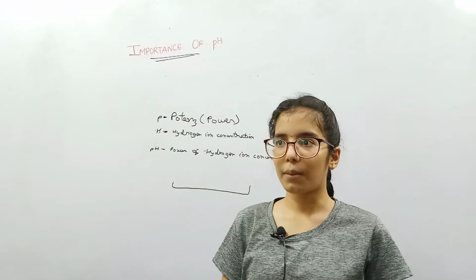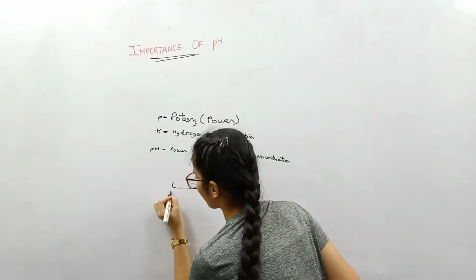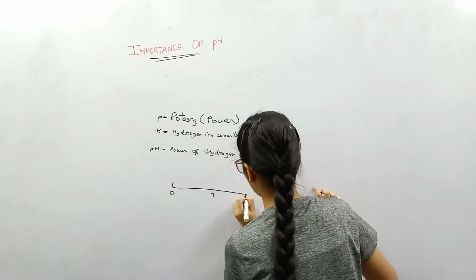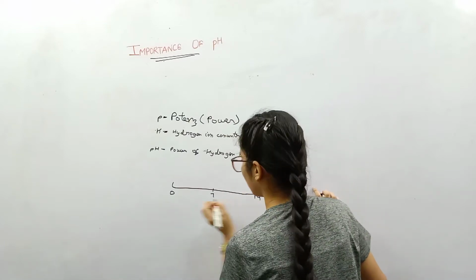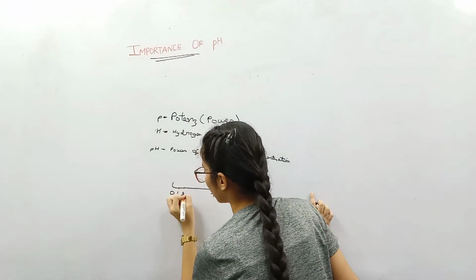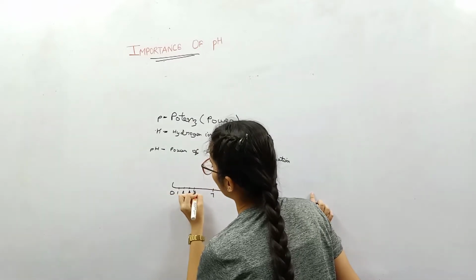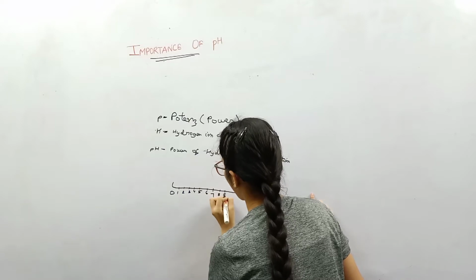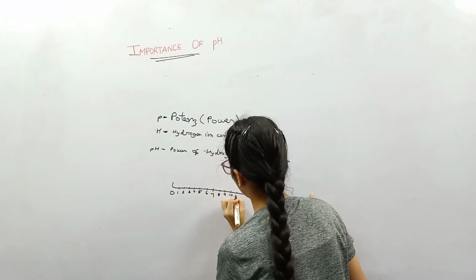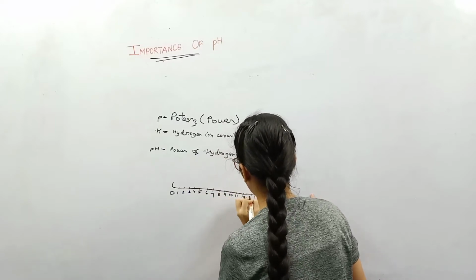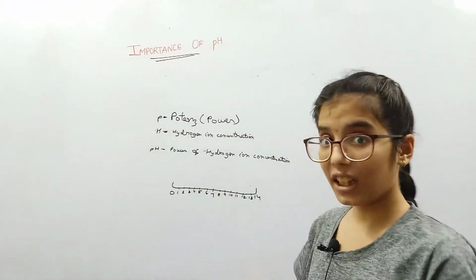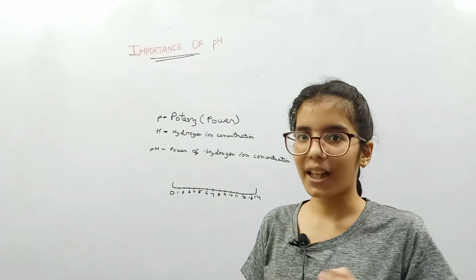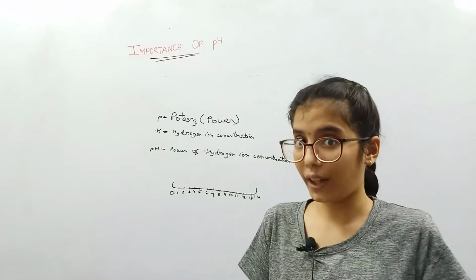The scale denotes the numbers from 0 to 14. The scale looks like this and it has colors on it, which means every different pH shows a different color.